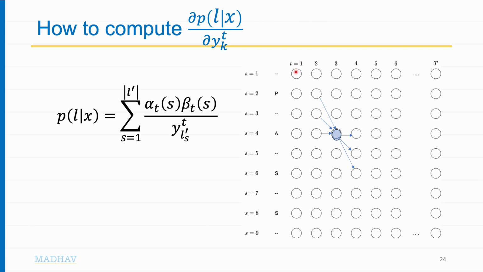Let's say this path, 1, 2, 3, 4, 5. In this term, it is y of this into y of this into y of this into y of this into y of this. When you differentiate this product with respect to this y, what do you get?